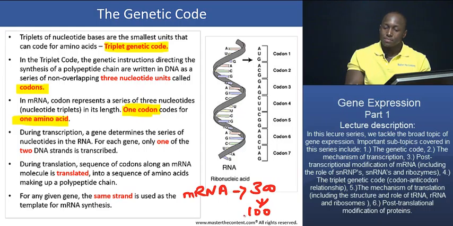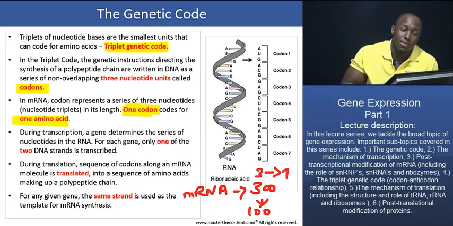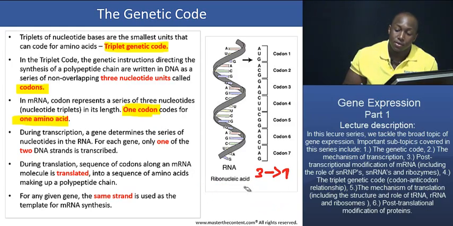That makes sense because 3 nucleotides, a triplet, code for 1 amino acid. For that reason, an mRNA strand that was 300 nucleotides in length would code for a polypeptide that was only 100 amino acids in length. So that's what we mean by the genetic code.